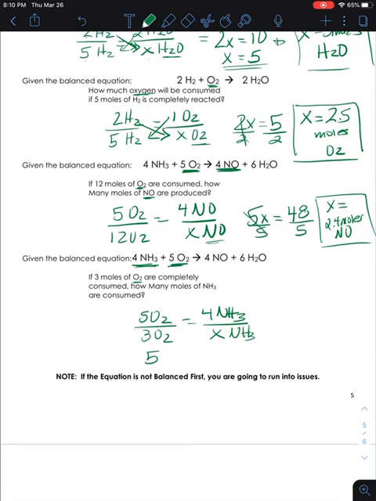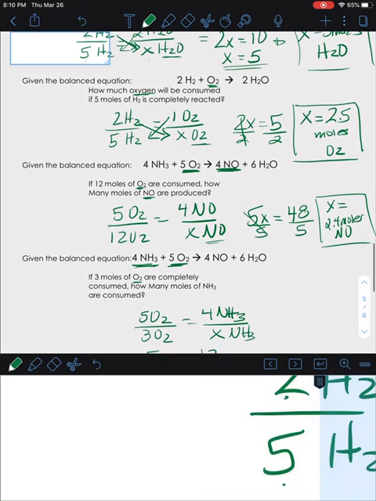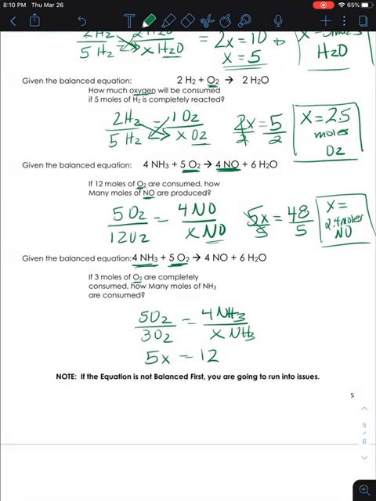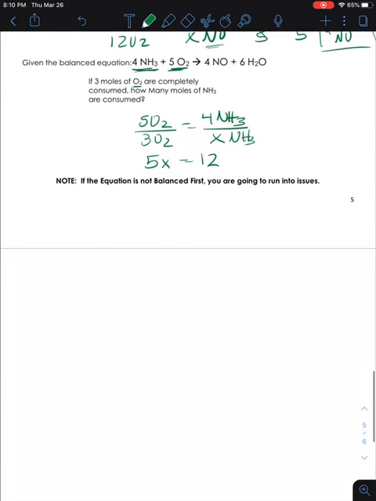So we have 5x equals 3 times 4, which is 12. So x is going to equal, divide this by 5, x equals 2.4.